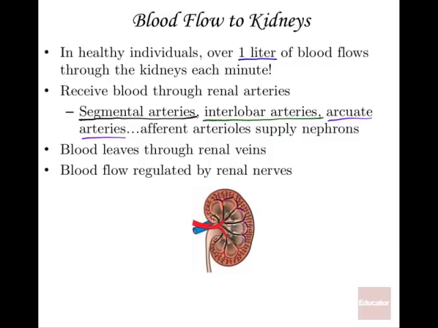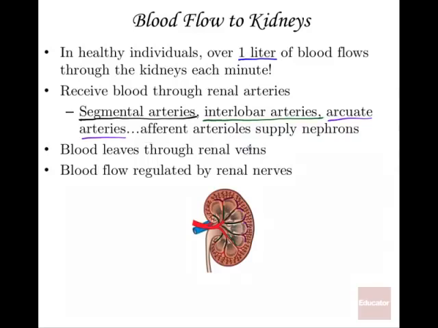And then finally, those branch off into these tiny little capillary bundles. You can call them afferent arterioles that lead to the capillary bundles. Because remember, arterioles branch off of arteries, slightly smaller, and then they lead to capillaries.